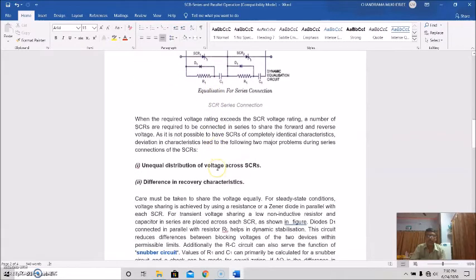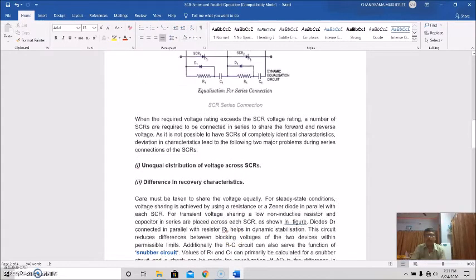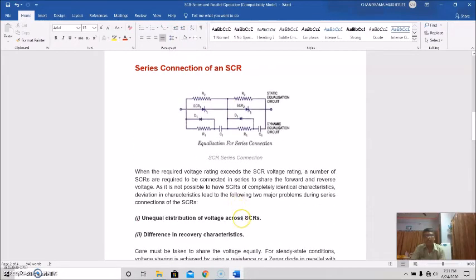This D1 is connected for, helps in dynamic stabilization. So that actually completes the discussion on series connection of an HCR.